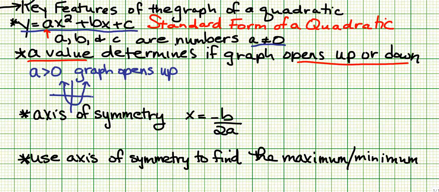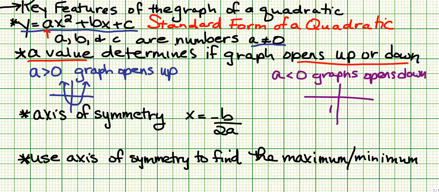If the value of a is less than 0, the graph is going to open down. So for instance, maybe something like this. Okay, now I just put some random graphs on there, but I know that when I look at an equation, I can determine if the graph is going to open up or down just by looking at the number in front of the x squared.